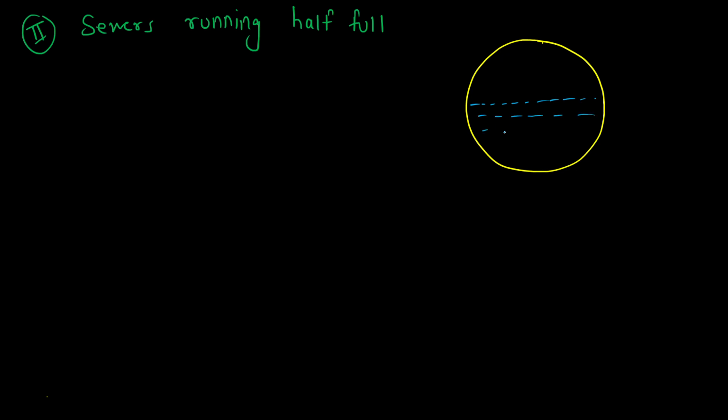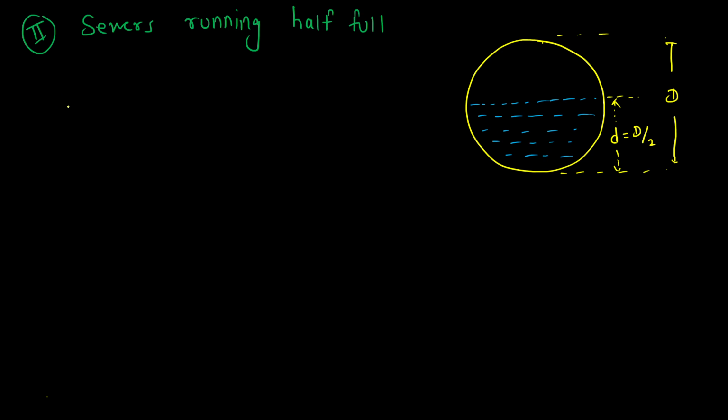So this is the level of water, the level of sewage which is present in the sewer. Now what is the total diameter? The total diameter is capital D. But what is the depth up to which the water is present? Small d. So it is present at a depth of d by 2.